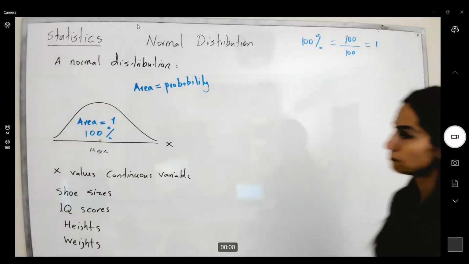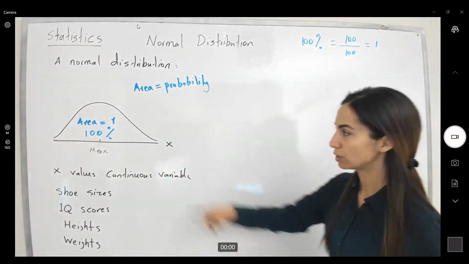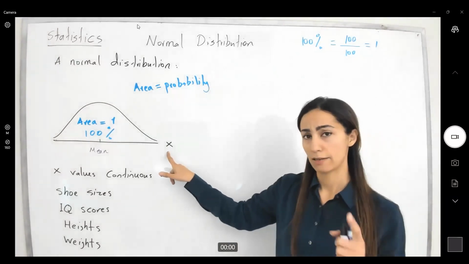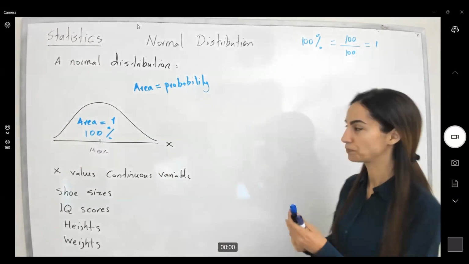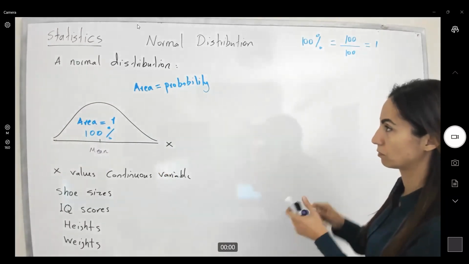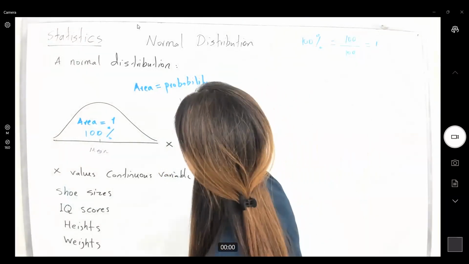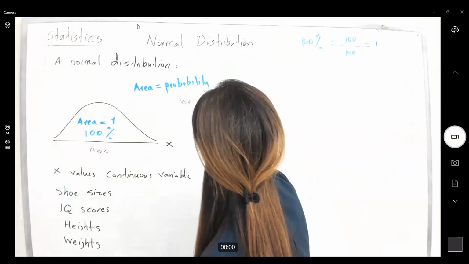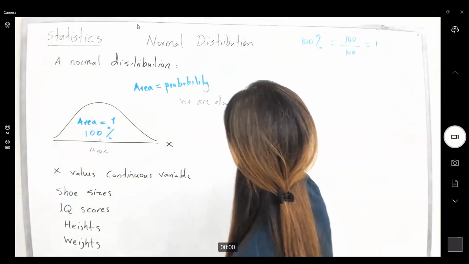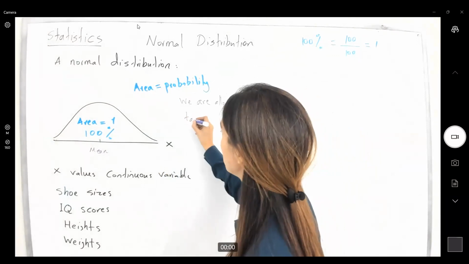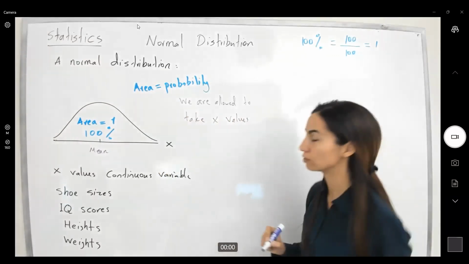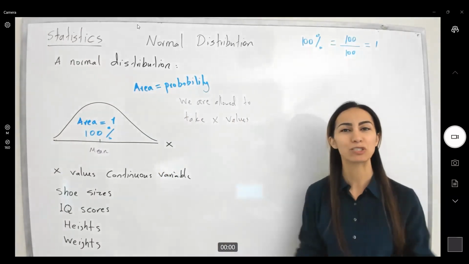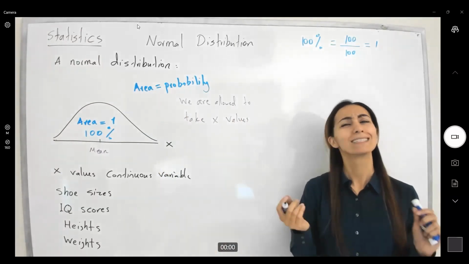Very well. So one way is to take X value and convert X value into Z score. So we are allowed to take X values, confidential values, and convert them into something new that we call Z value.